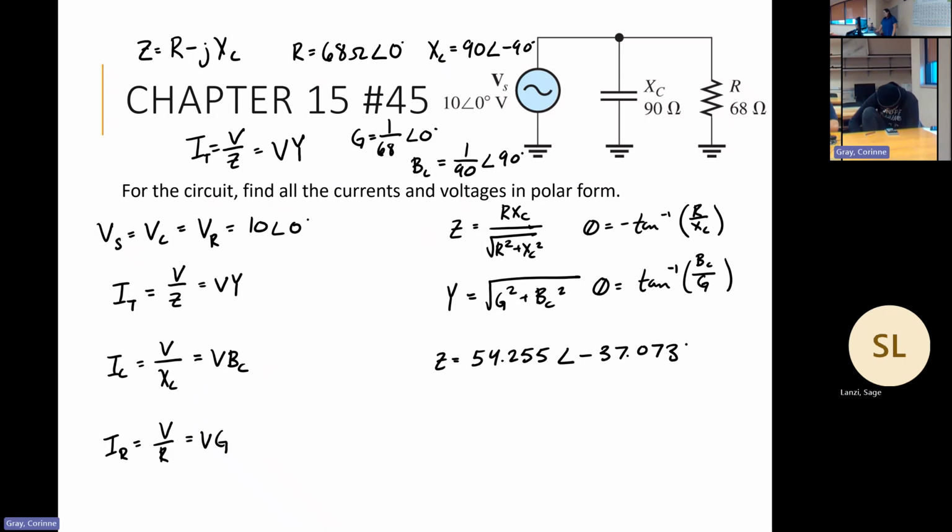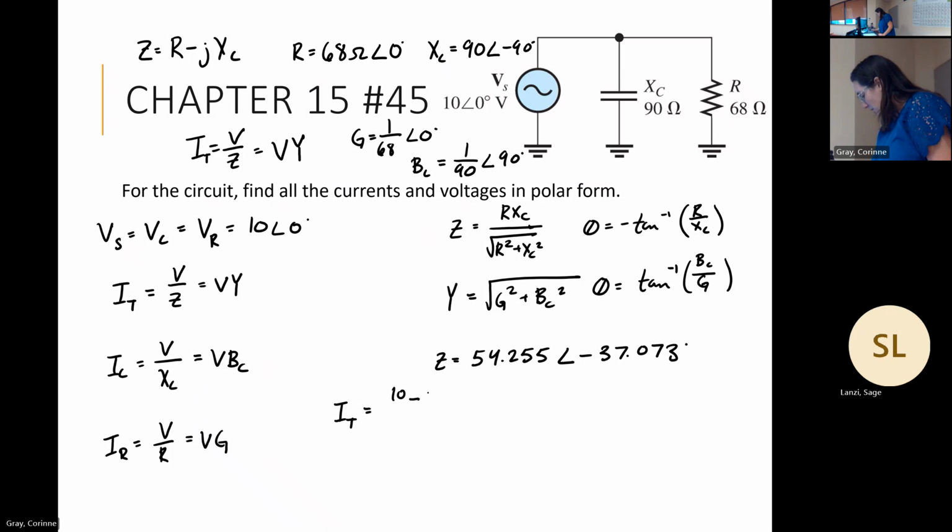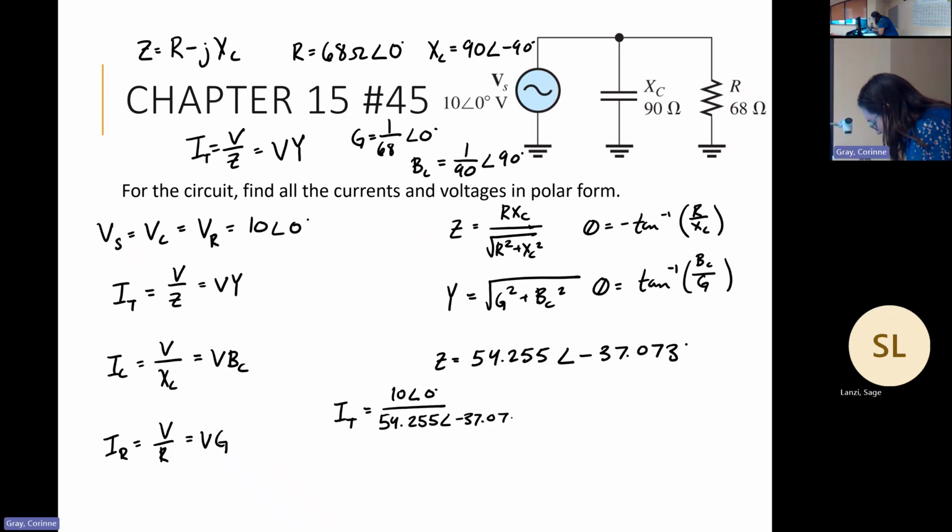That's just plugging everything in. I now can take this and plug it in for IT. So IT is going to be equal to my voltage, my 10 at 0 degrees, over 54.255 at negative 37.073 degrees.